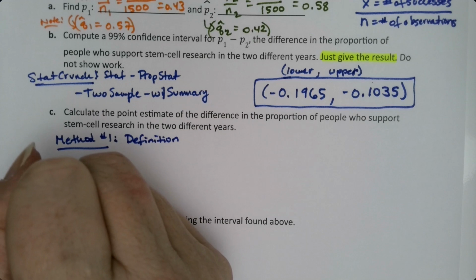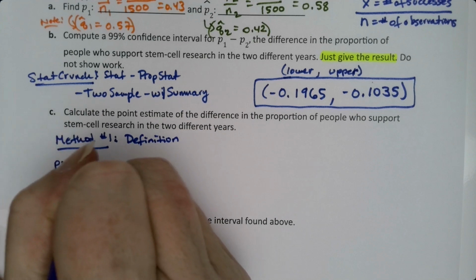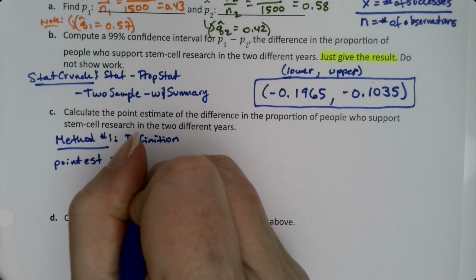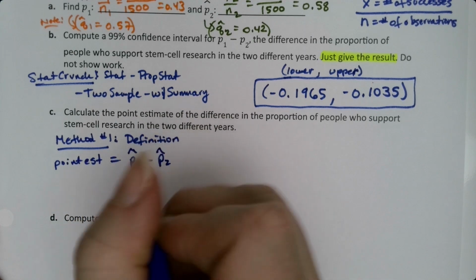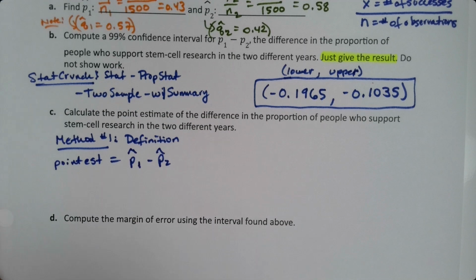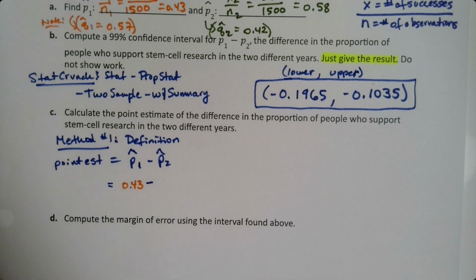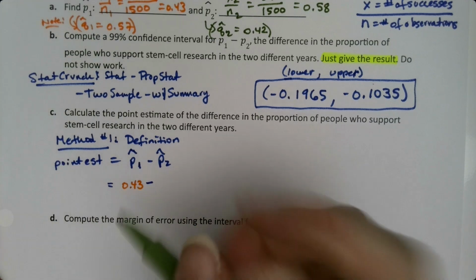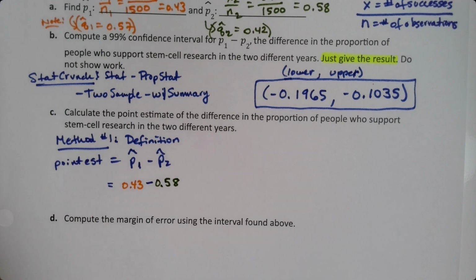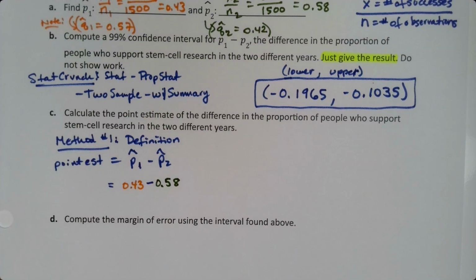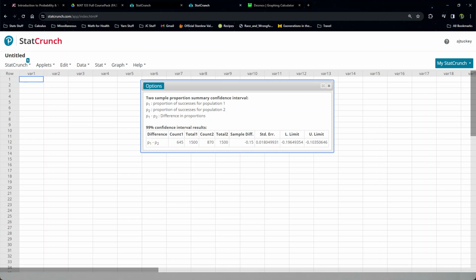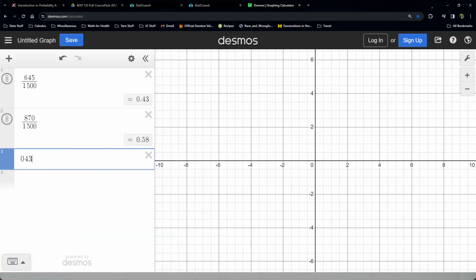For this problem, the point estimate is P1 hat minus P2 hat, which I happen to know P1 hat because I found it above. It's 0.43 minus 0.58. I'm just going to grab decimals real quick. Yes, I can do that in my head, but I want people to see how to do it if they can't. So 0.43 minus 0.58 gets us negative 0.15.